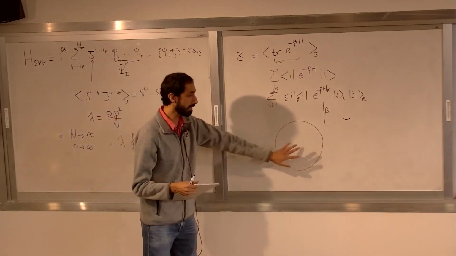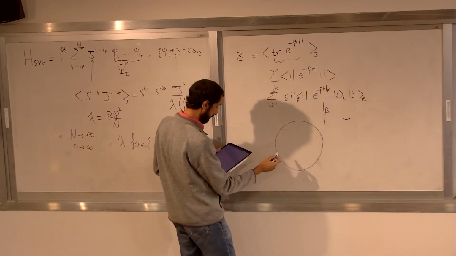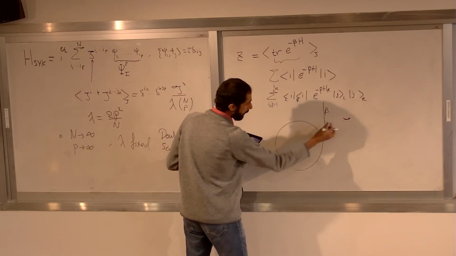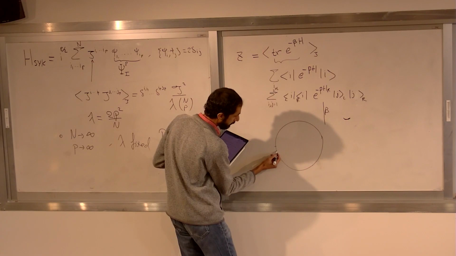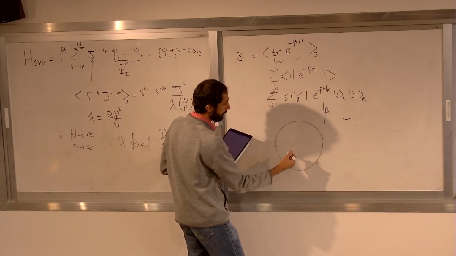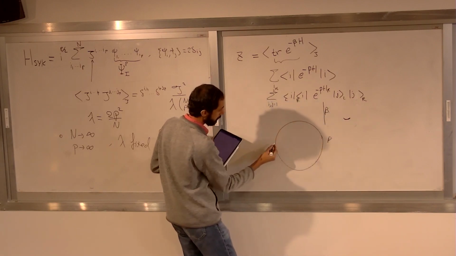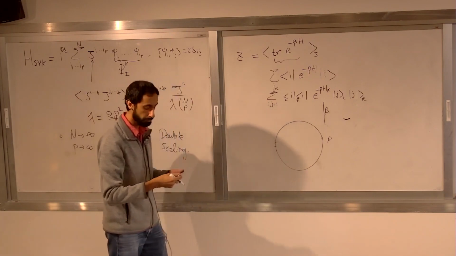There's nothing inside here. I just have a circle. The way you should think of this is that I'm starting with this guy here, which I want to represent as a little segment here. Then I evolve with e to the minus beta h for some length beta. And then I'm closing it with this length here.